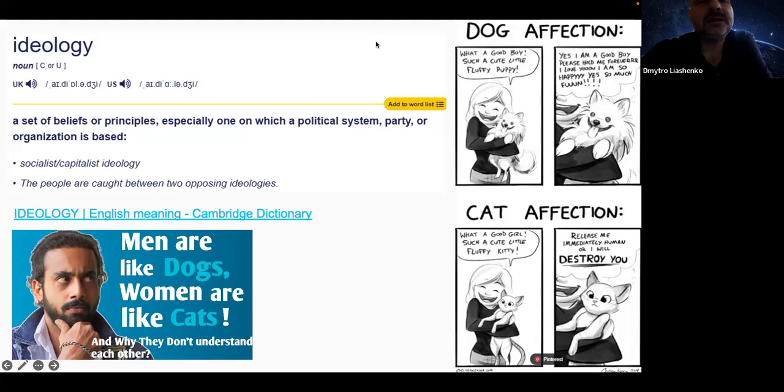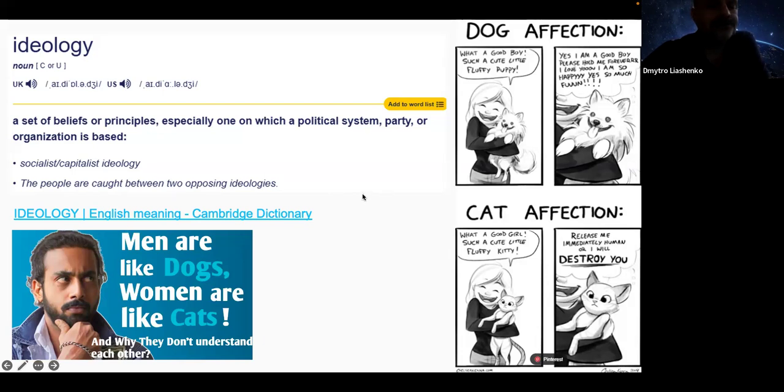In the English language, we can use the word ideology. It is a set of beliefs or principles, especially one on which a political system, party, or organization is based. For example, socialist or capitalist ideology. The people are caught between two opposing ideologies.